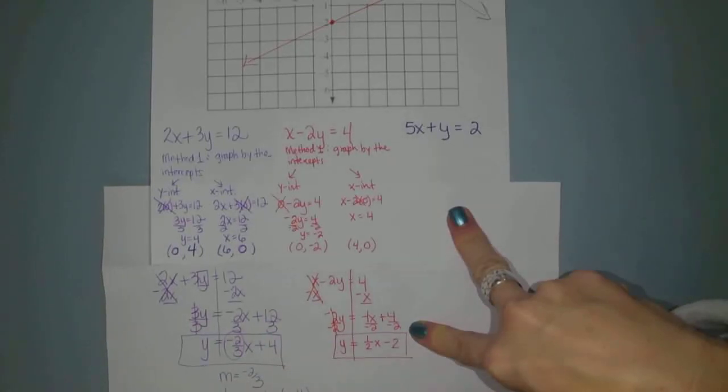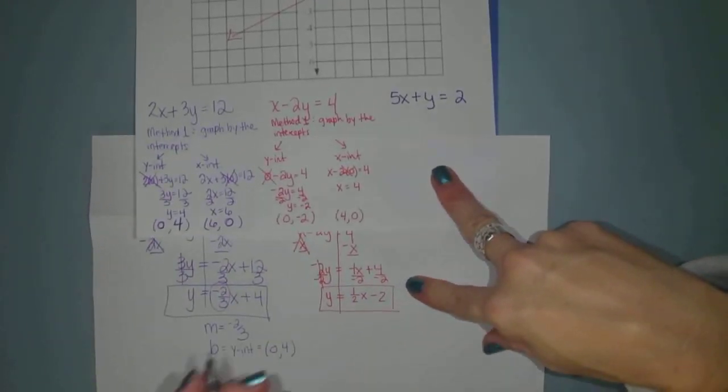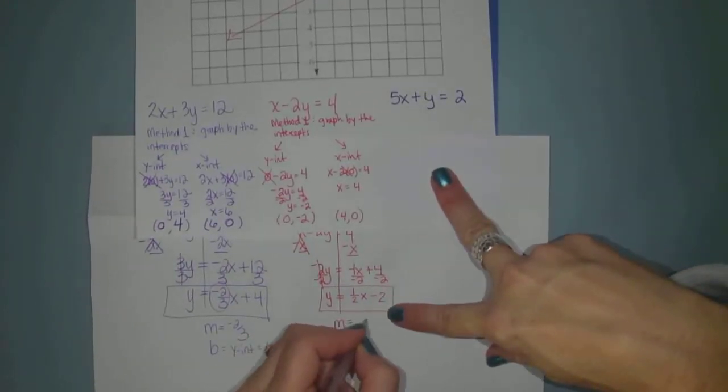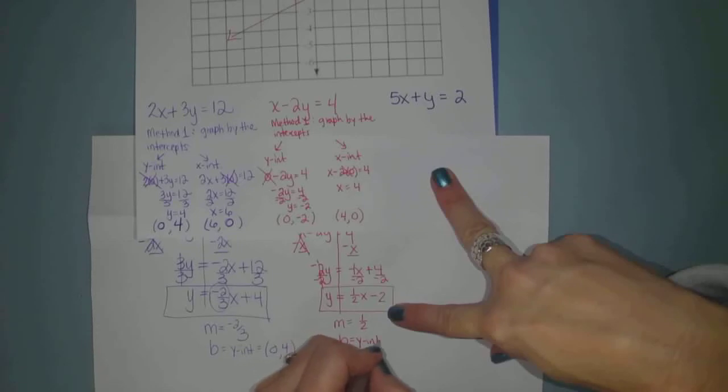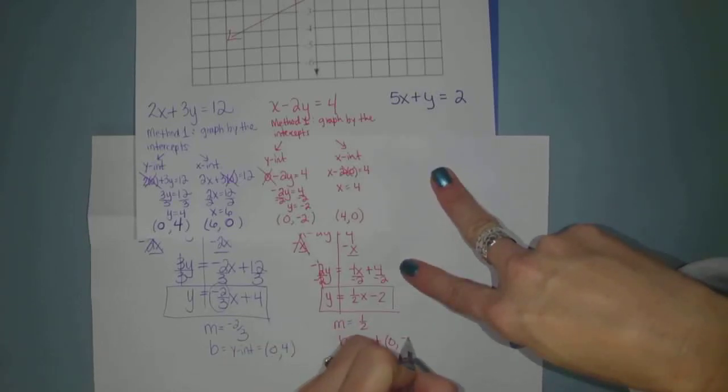Here we go. Slope-intercept form. So my slope looks like 1/2 right here, the m in mx. My b, which is my y-intercept, is right back here, negative 2.